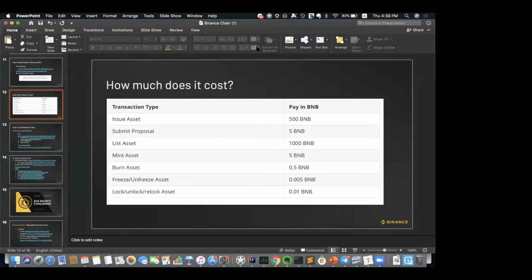Okay, so these are the costs for issuing a token, listing, etc. in the Binance DEX. Paulo, I think, asked before about the process to be listed on the Binance DEX and Binance.com. If you want to be listed in Binance DEX, here you have the fees.